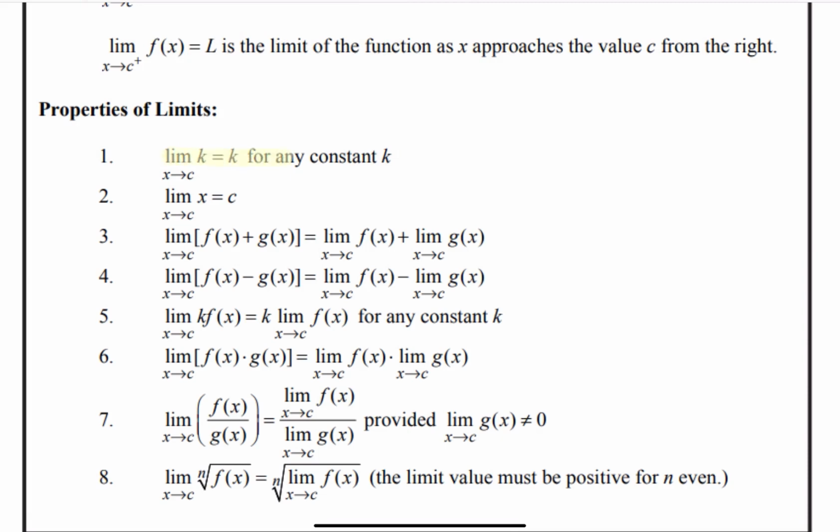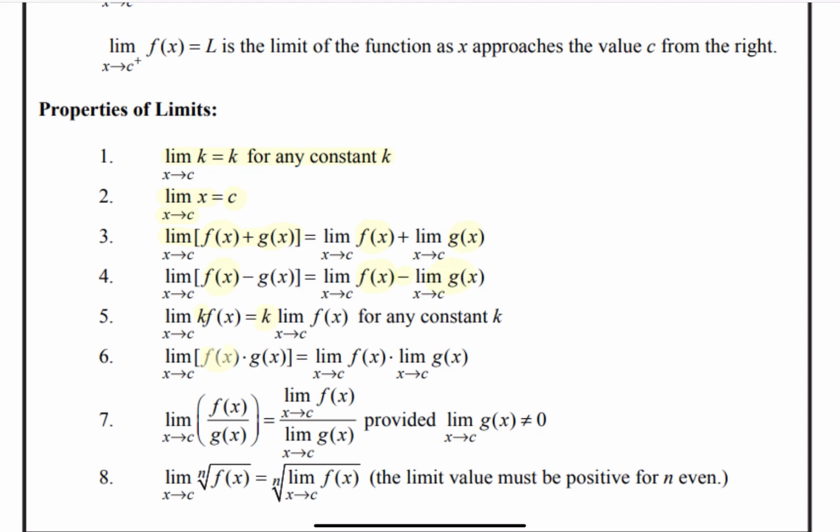Limit of a constant is always going to be a constant. Limit of x when x approaches c is c. Limit of f of x plus g of x is the limit of f of x, x going to c, plus the limit of g of x. If it's a subtraction, you subtract the limits. If it's a constant, you pull the constant out.